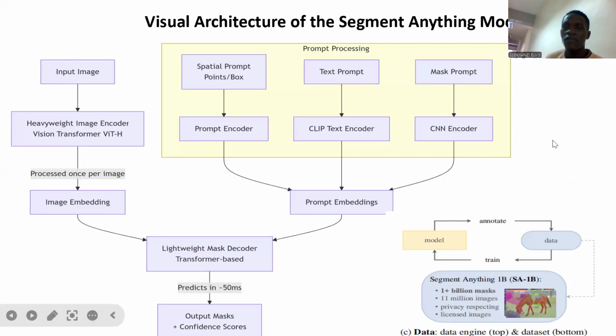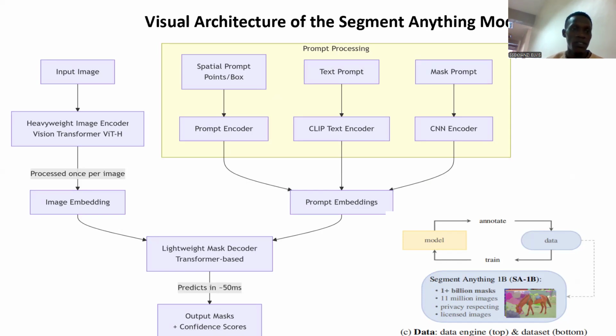And under the processing phase, we have different prompts. We have the spatial prompt, the text prompt, and the mask prompt. And the spatial prompt connects with the prompt encoder. The text prompt connects with the CLIP text encoder. Then the mask prompt connects with the CNN encoder or convolutional neural network encoder.